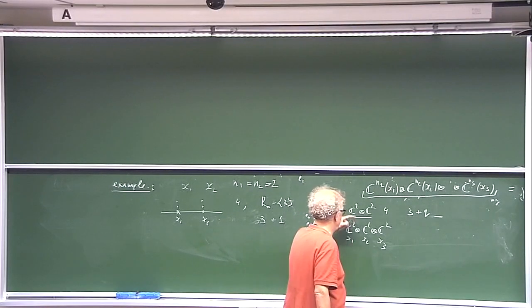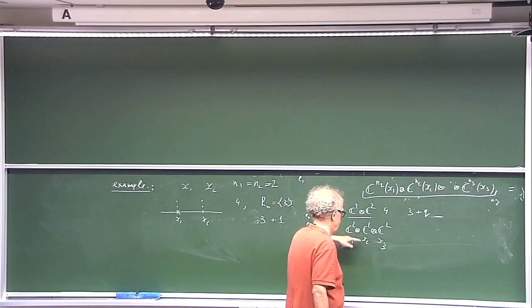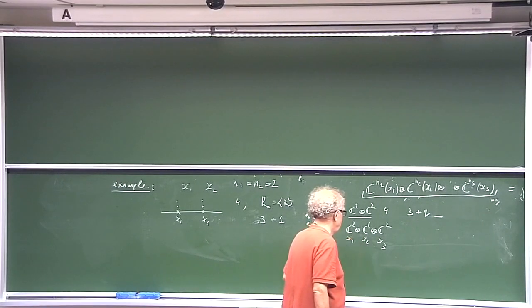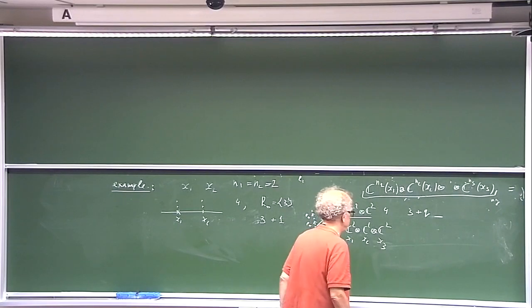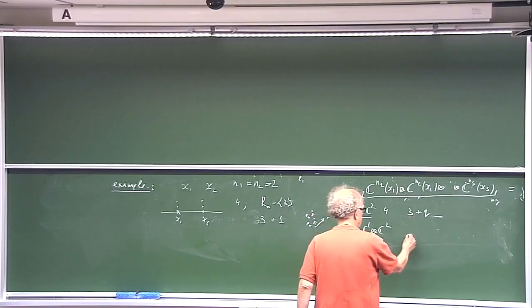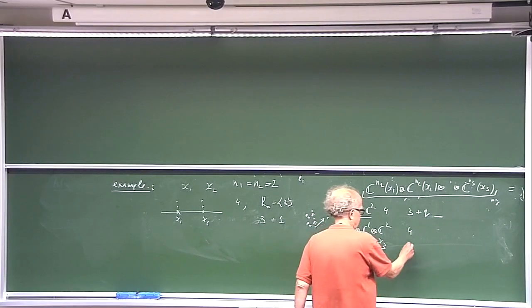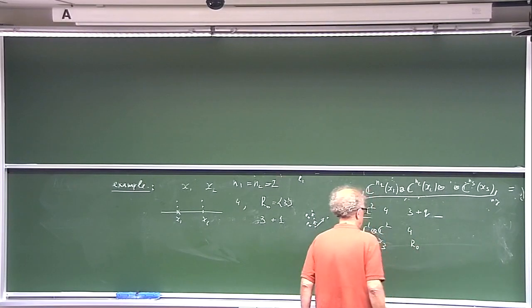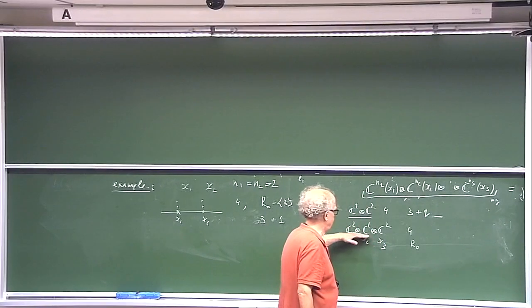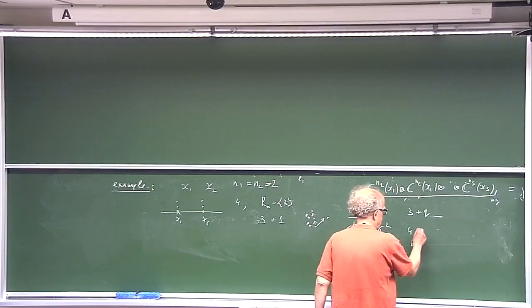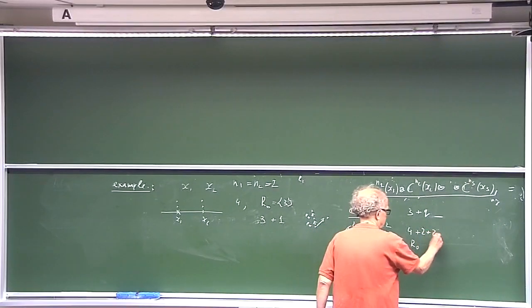The situation is similar because, again, we take the highest weight vector and act by 0, and now this 3 becomes 4. And it will be R0. I cannot make the full calculation even in this simple case, but I want to say that in this case the situation will be like this.